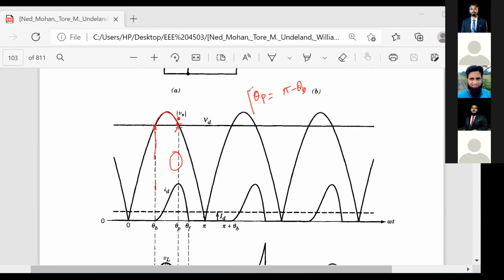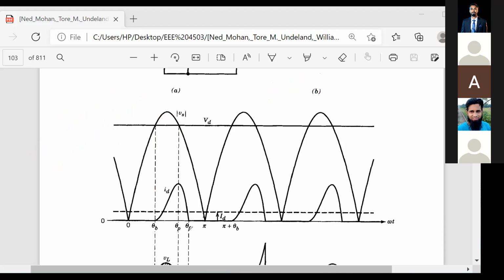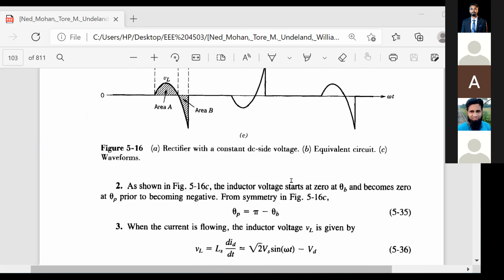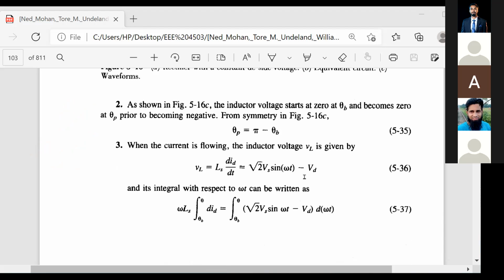You understand it or not? Like if there is a sinusoid and you know this is theta b, then can you find out this angle? Yes, sir. Pi minus theta. So that theta p is done.